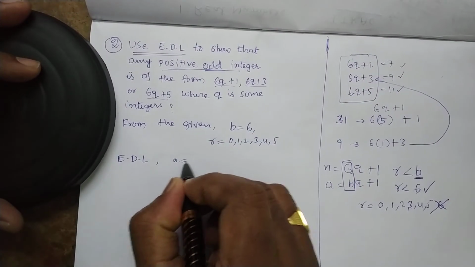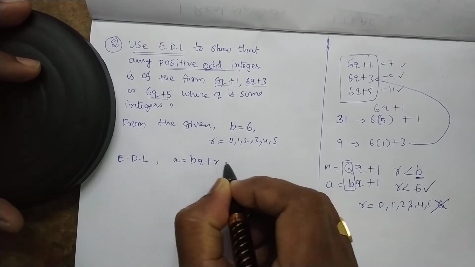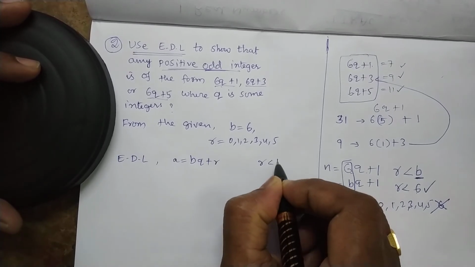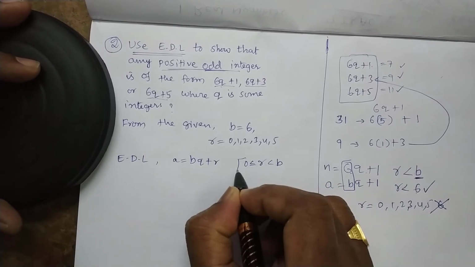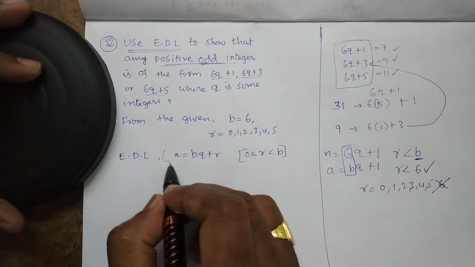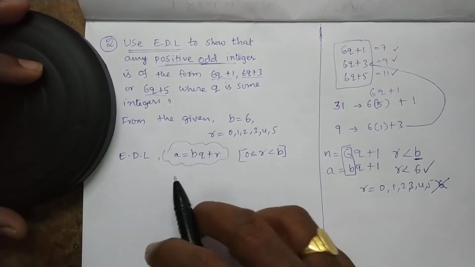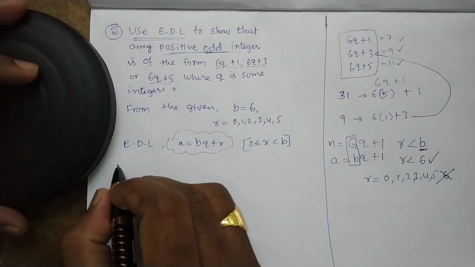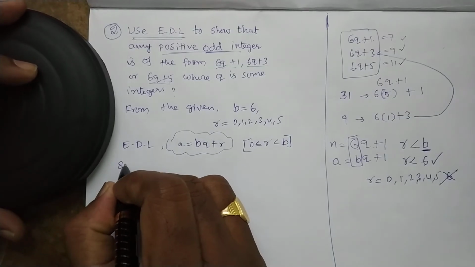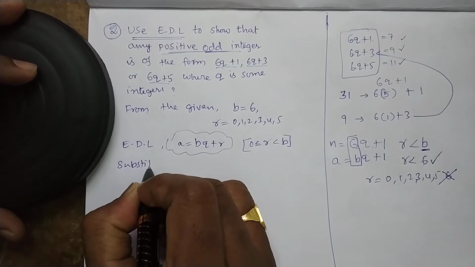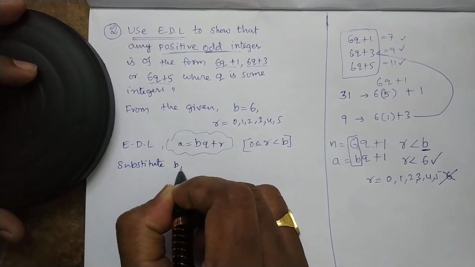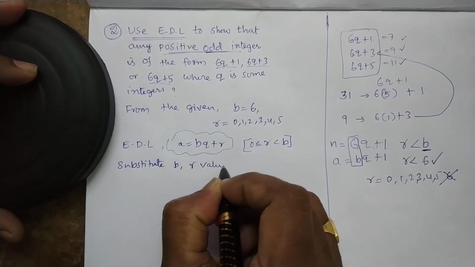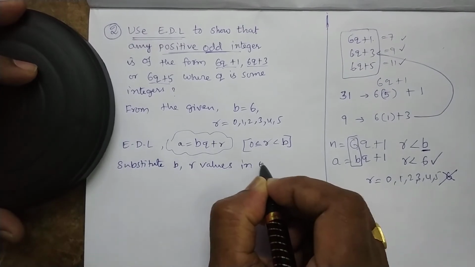Euclid's division lemma: a is equal to bq plus r, where the remainder r is greater than or equal to 0 and less than b. Now you can box it also. Let us see all the cases: substitute the b and r values in Euclid's division lemma.